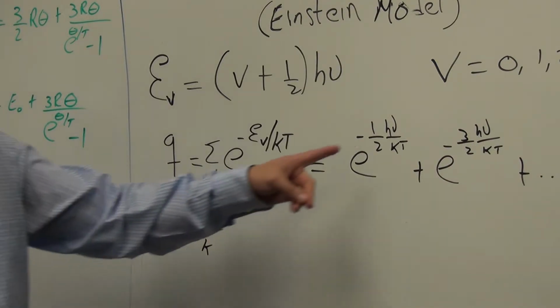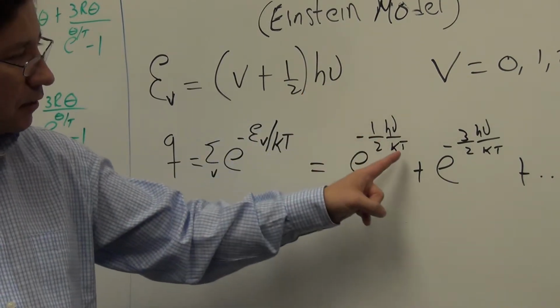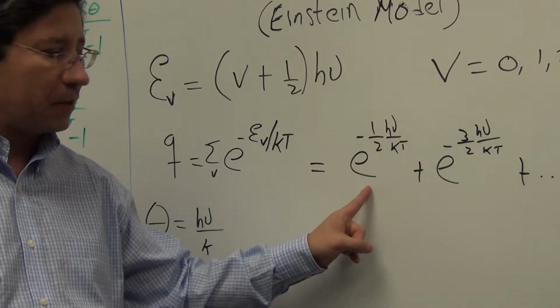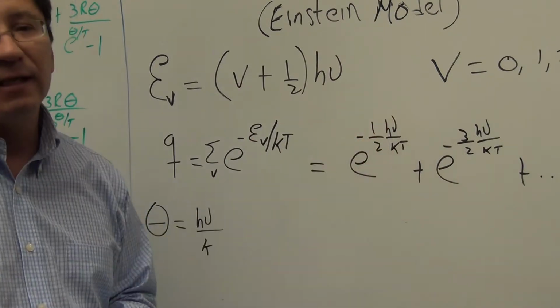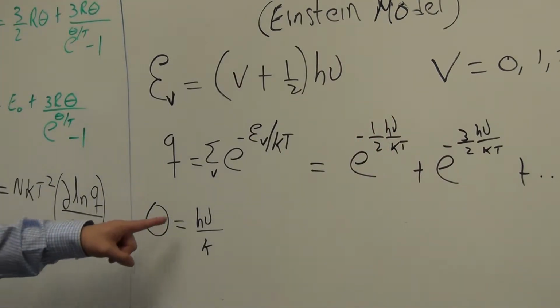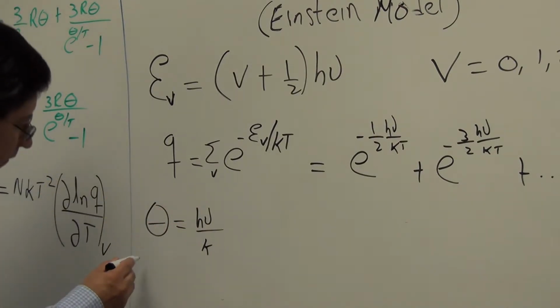If you go back here, h nu over k has to have the opposite units of this term, so that the entire argument for the exponential term is unitless. So h nu over k has units of temperature, and that's why this is called the Einstein temperature in the solid.